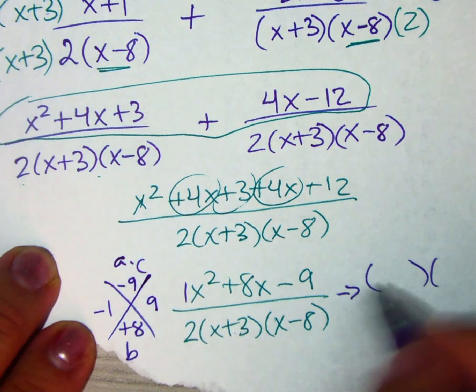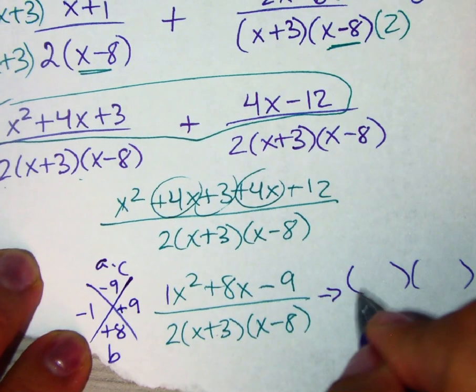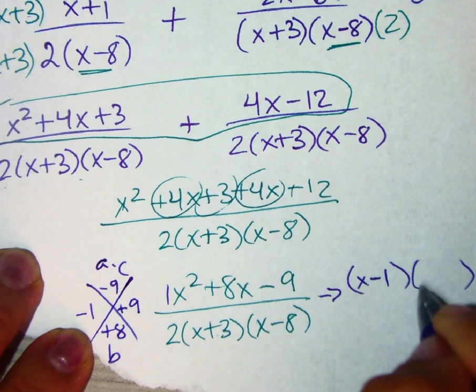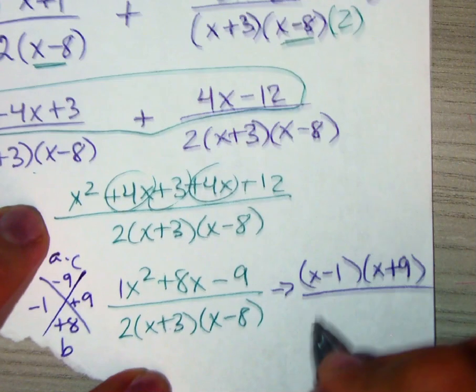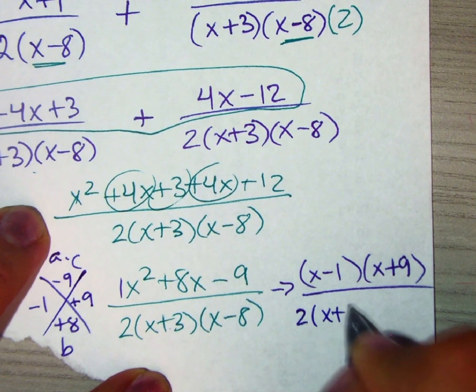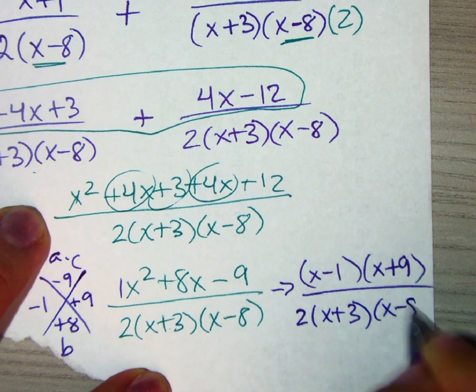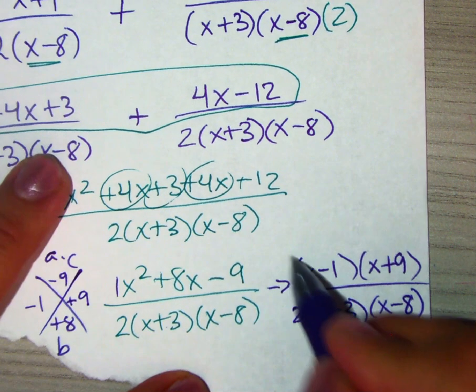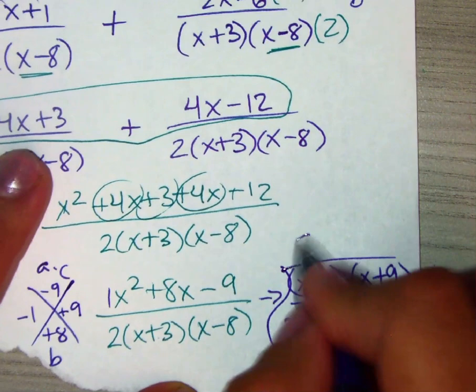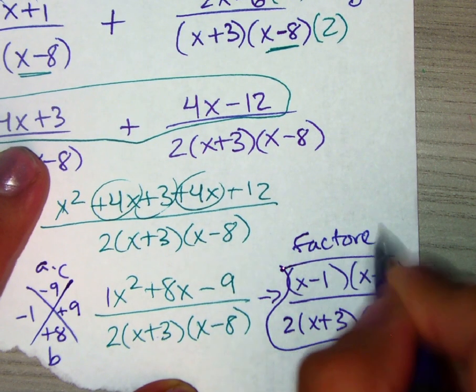Negative 1 plus 9. So x minus 1, x plus 9 are your factors here. And then 2 times x plus 3 times x minus 8 are your factors there. So this is the factored version of the answer.